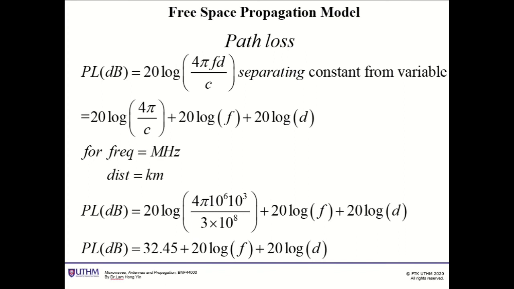So the propagation loss or the path loss, we can summarize with this equation, where the path loss or propagation loss is equal to 32.45 plus 20 log f, where f is the frequency, plus 20 log d, where d is the distance.